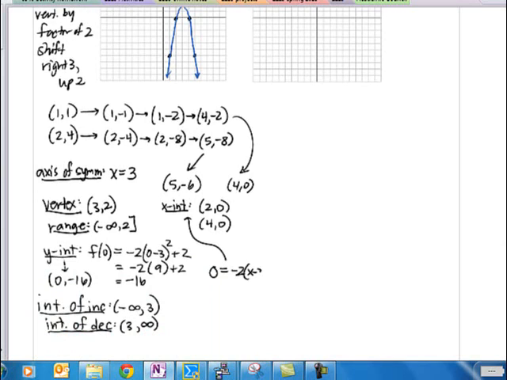I would subtract 2, then divide by negative 2, so that's going to give me 1. Then take the positive or negative square root, so I'd have x minus 3 equals positive or negative square root of 1, which is just positive or negative 1. So x is either going to be 3 plus 1 or 3 minus 1. So we get 4 or 2.